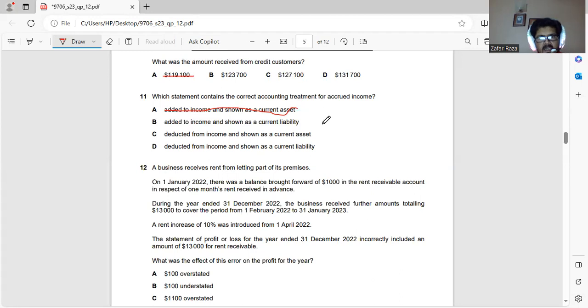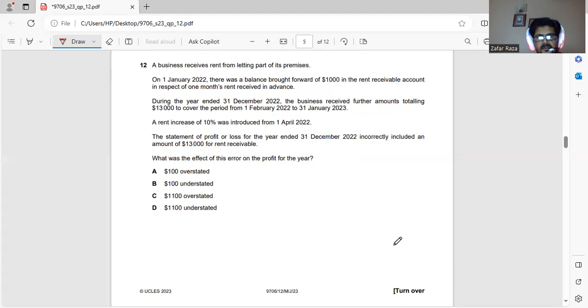Okay. Now come to 12. A business received rent from letting part of its premises. On January 1st, there was a balance brought forward of 1,000 in the rent receivable account in respect of 1 month's rent received in advance. During the year ended 31st December 2022, the business received further amounts totaling 13,000 to cover the period from 1st February 2022 to 31st January 2023.